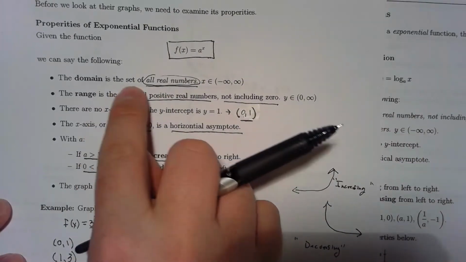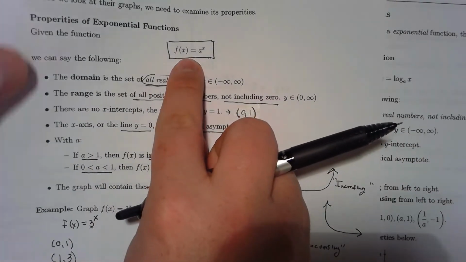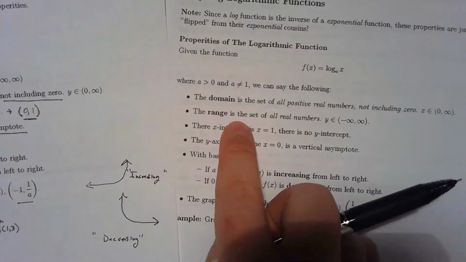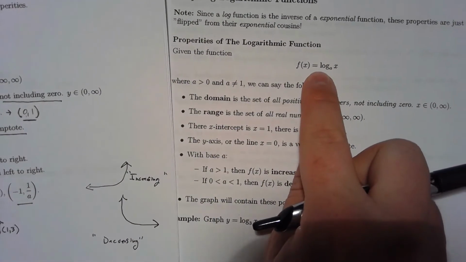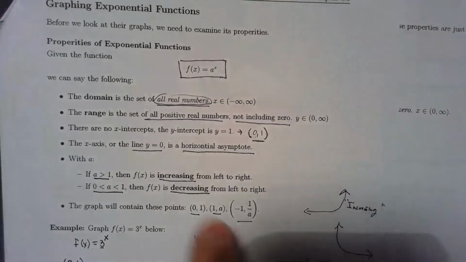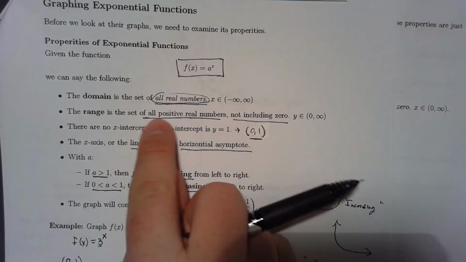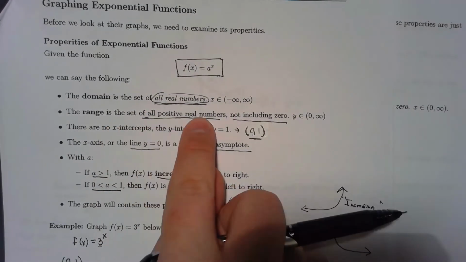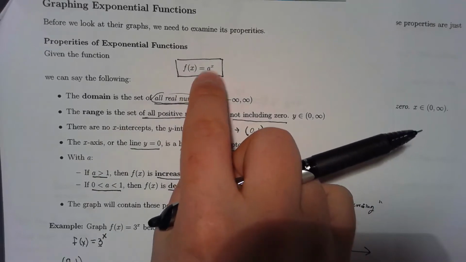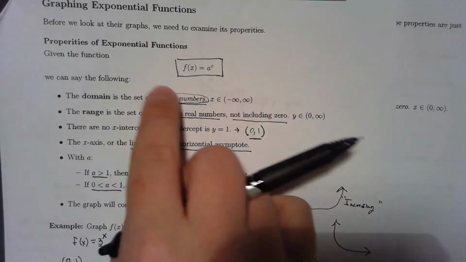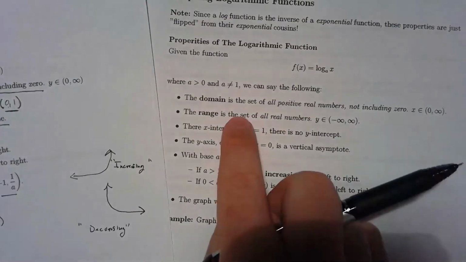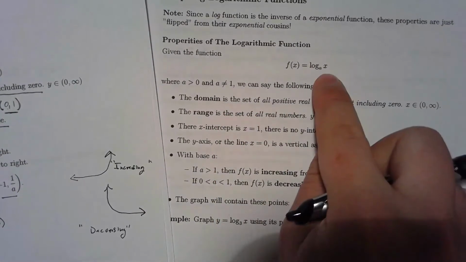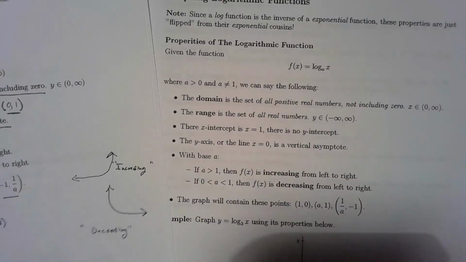So if the domain was all real numbers for an exponential, then that means the range is all real numbers for a logarithm. All right. If the range was all positive real numbers for an exponential, then that means the domain is going to be all positive real numbers for a logarithm. As you can see, they're flipped.